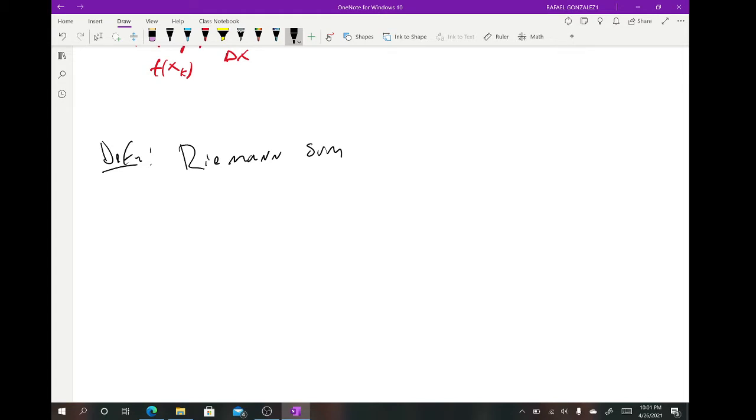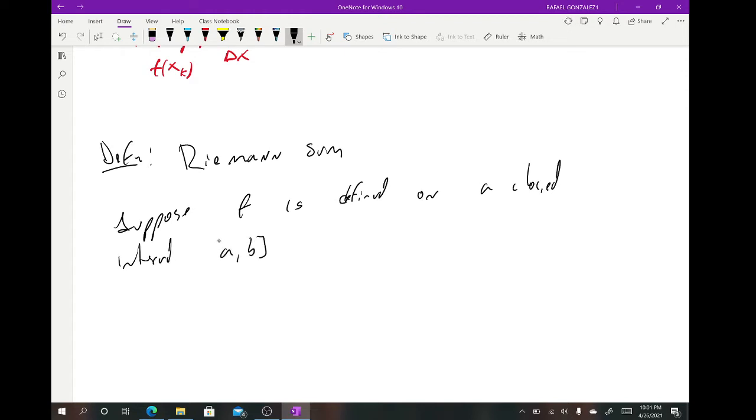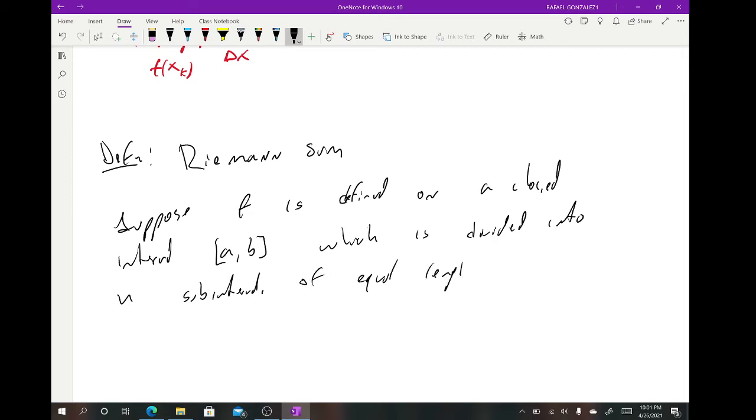Definition: Riemann sum. Suppose f is defined on a closed interval AB, which is divided into n subintervals of equal length delta x.